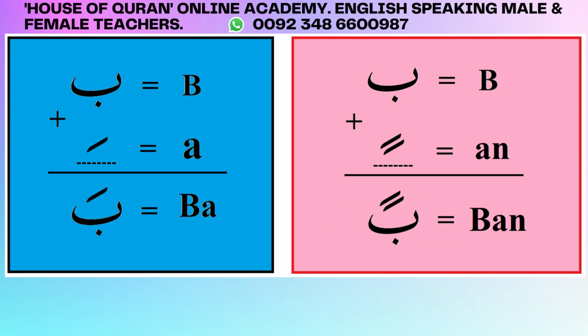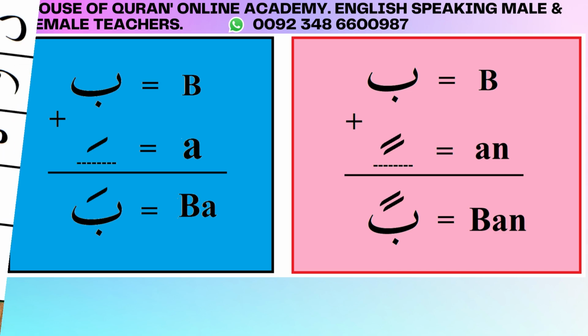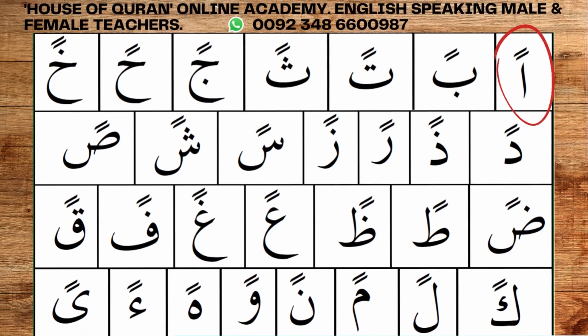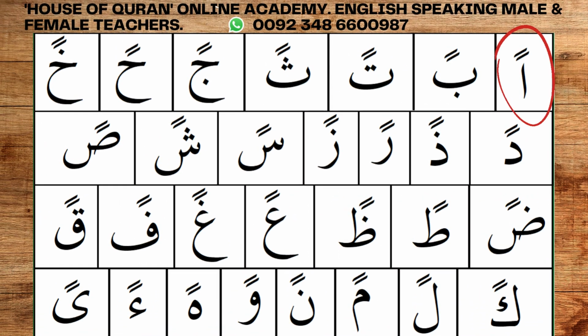We're going to move on and have a look at all the other letters in the Arabic language and how they're read with a two fatha on top of them. An alif makes an a sound.